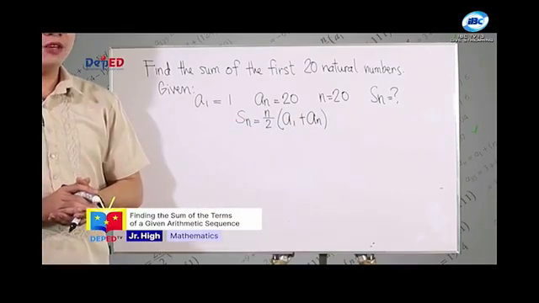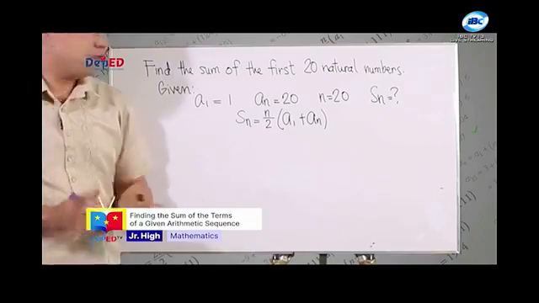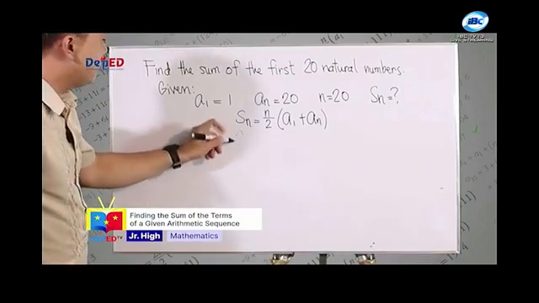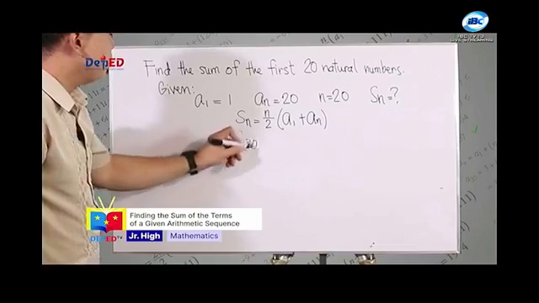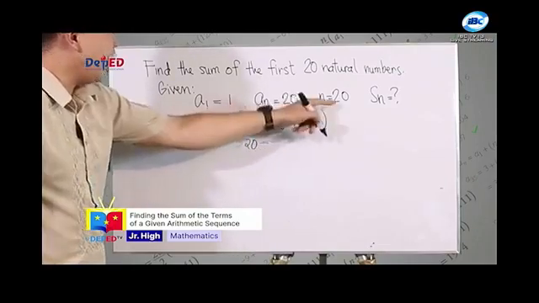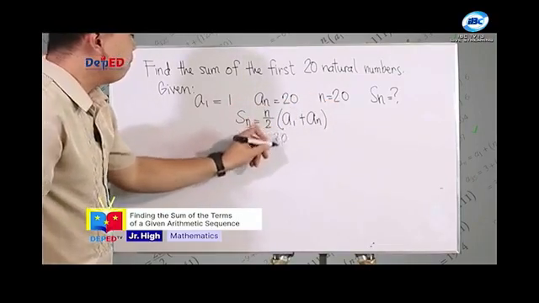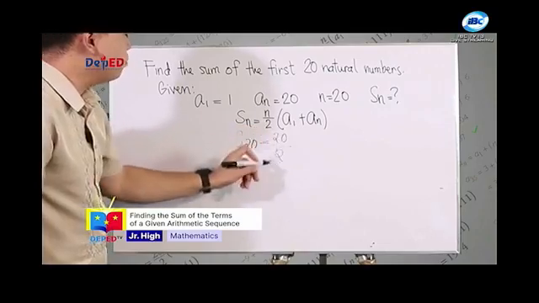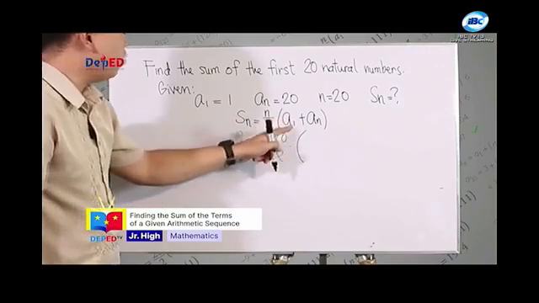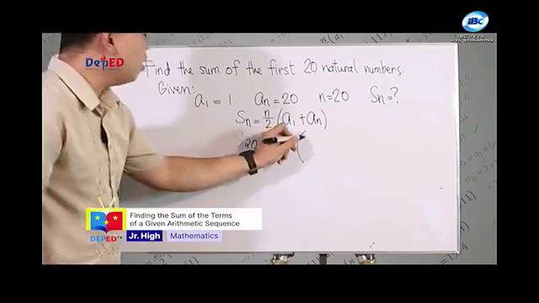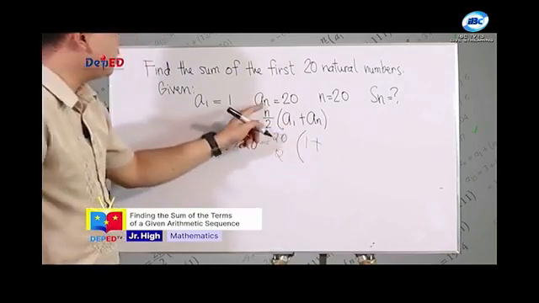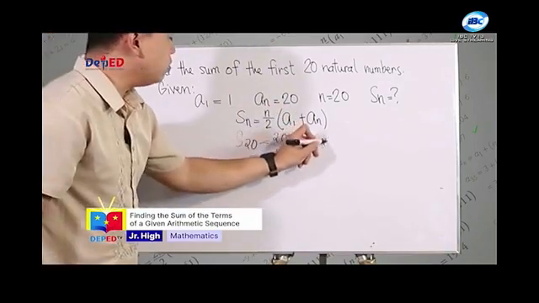Substituting the given values in the formula, we will have S sub 20 is equal to, our n is 20, divided by 2 times our a sub 1 is 1 plus our a sub n is equal to 20.